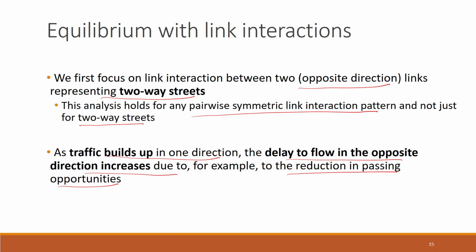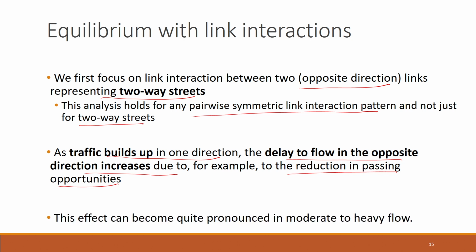If, for example, the flow in the other direction starts to increase, then there will be an impact on the travel time in this given direction also, because it may happen that the passing opportunities or the space that is available is sometimes reduced and so on. Okay. So, the travel time in any given direction will depend upon the flows in both the directions. Okay.